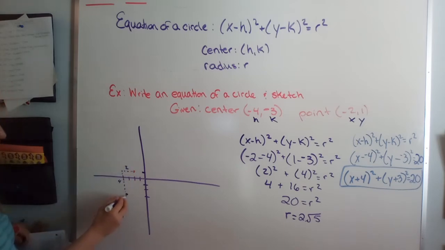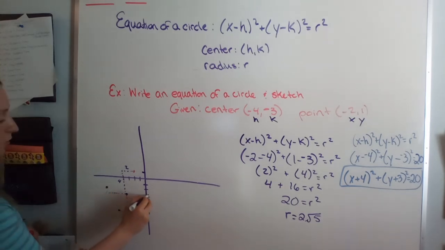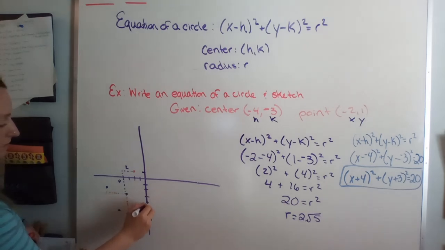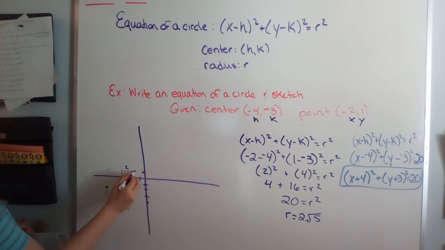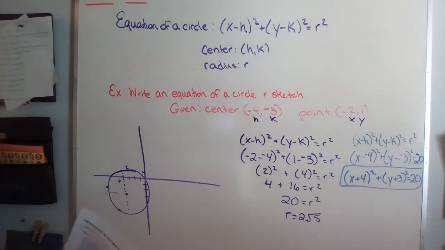So if I go down 4 over 2, or if I go out 4 up 2, or if I go out 4 down 2, and I'm kind of approximating, then I have my circle. Okay. All right, guys, there's 2 more problems that I want to work on.